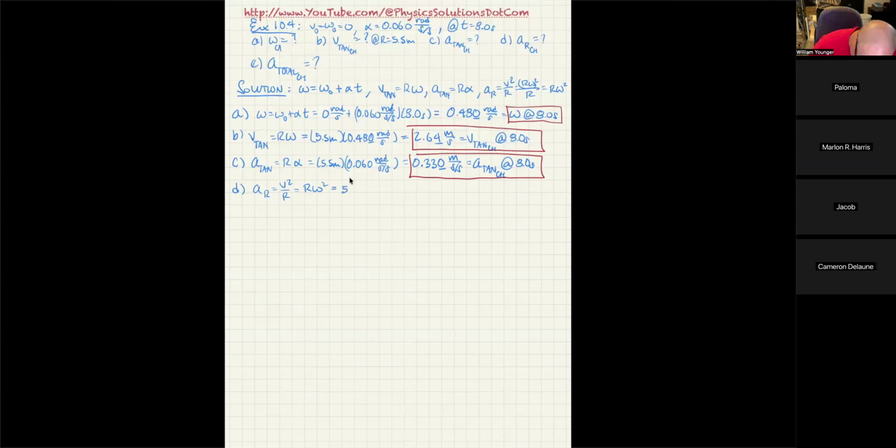I'm going to say 5.5 meters for the R, and then the omega squared is 0.060 radians per second squared. So in this case, wait a second. Oh, sorry about that. I almost used the alpha instead of the omega.